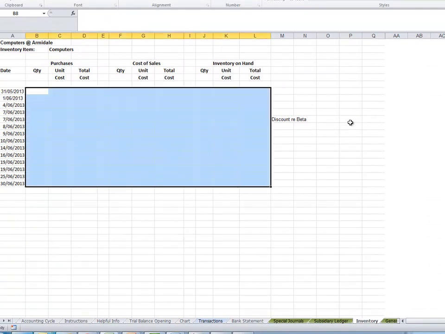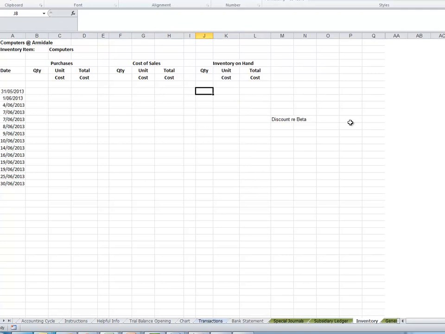Righto. So now let's enter that in. We had 57 quantity at $1,500, and therefore the total cost equals 85,500. I better check that. Was that right?